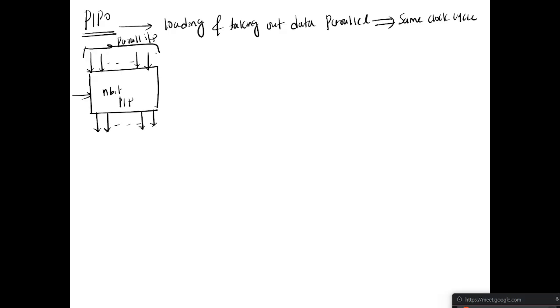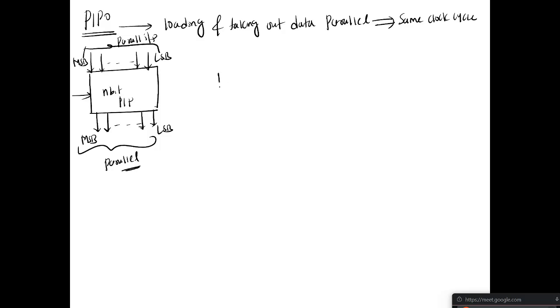Here this is LSB and this one is MSB, and here also this is LSB bit and this is MSB bit. So this is parallel out. We are just loading the data parallelly and taking the data parallelly.